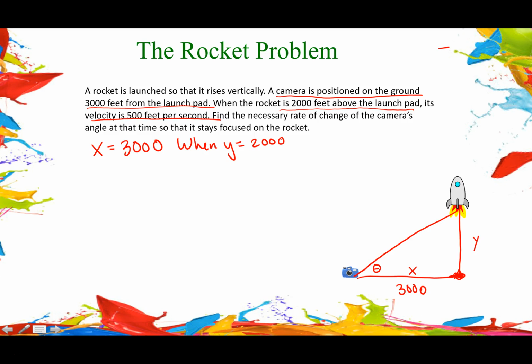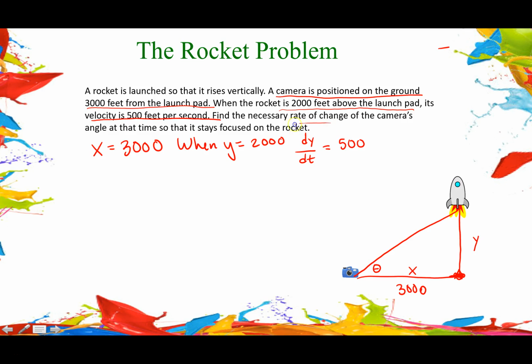So this rocket is going up at 500 feet per second when y is 2,000. How do we write that? We're talking about the rocket going up at a certain rate, so that would be dy/dt. That's how much y is increasing with respect to time. So dy/dt when y is 2,000 is going to be 500 feet per second.